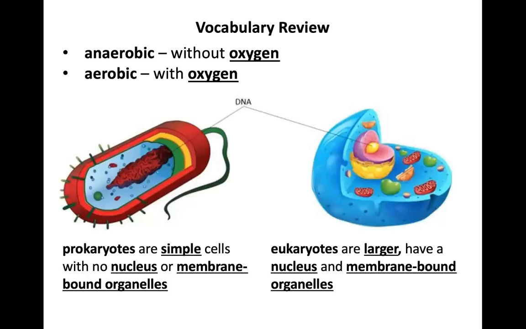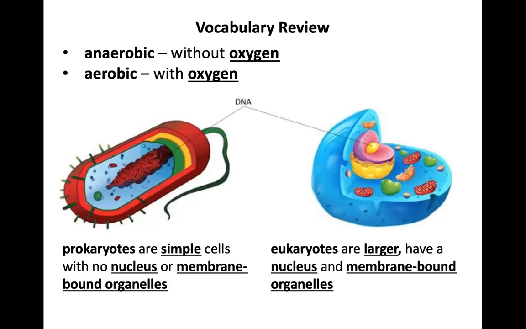So taking us back to some other terminology that we already reviewed a little bit earlier is anaerobic versus aerobic. Anaerobic, we said, is without oxygen, and aerobic is with oxygen. Also prokaryotes versus eukaryotes. We went over two important things, the nucleus and membrane-bound organelles versus no nucleus and no membrane-bound organelles.